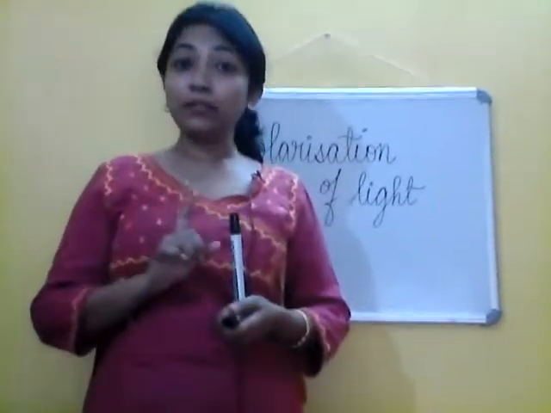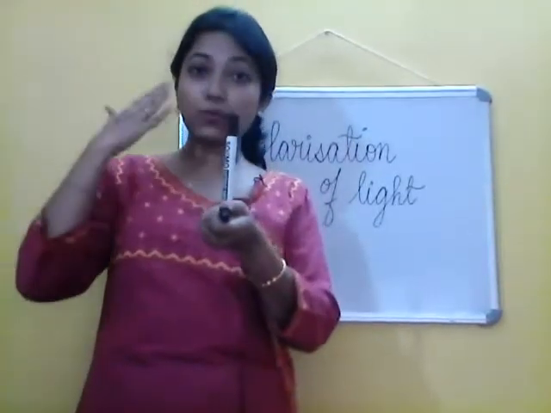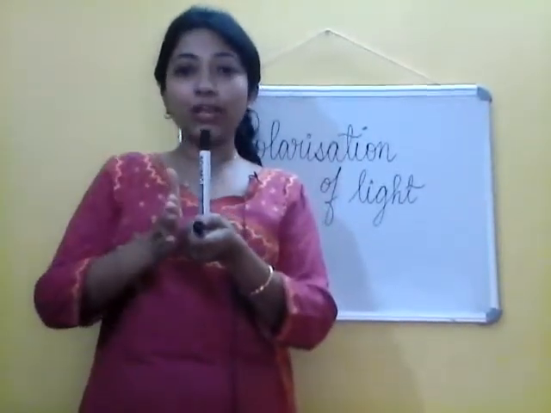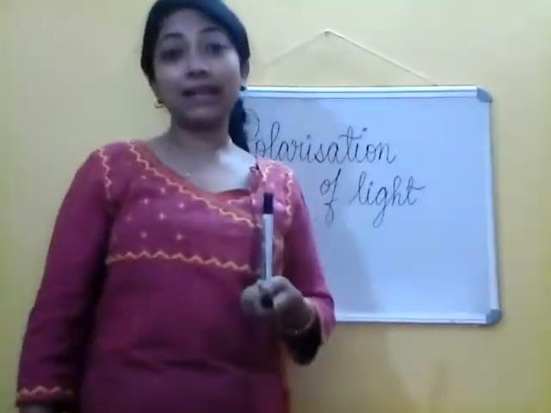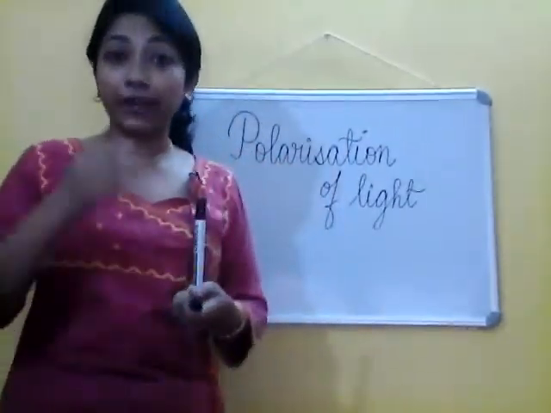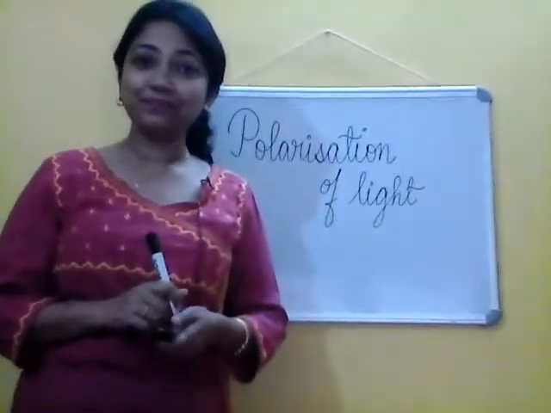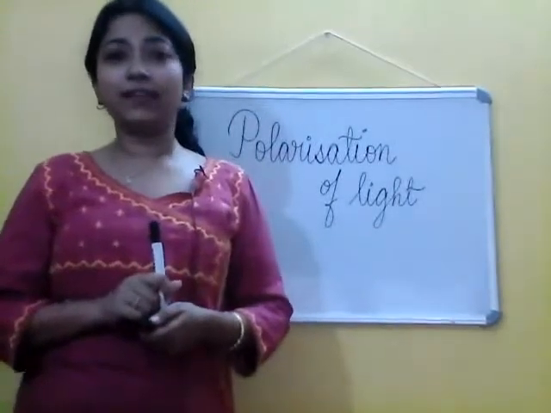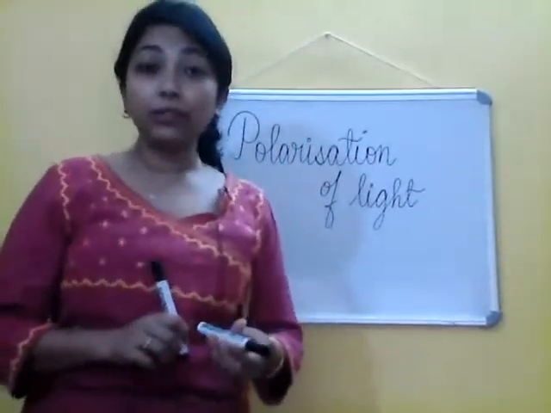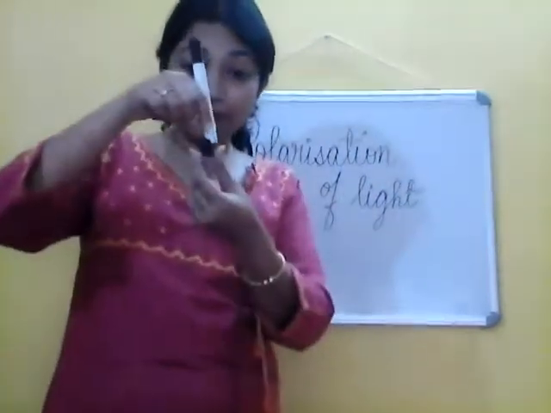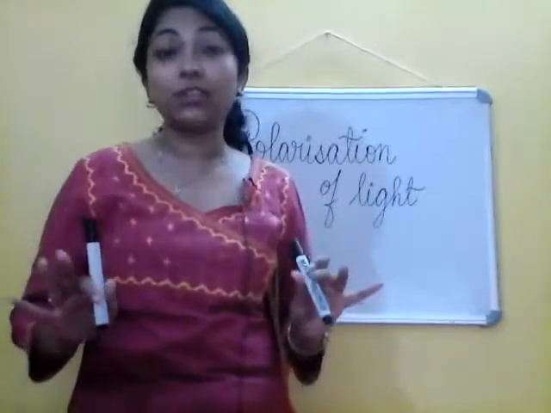That we are able to restrict the electric field of the light rays which are coming to our eyes only to one direction or one plane. Then this kind of phenomenon can be called polarization of light. Okay. However, over here I would also like to tell you that when we are able to restrict this electric field only to one plane, this is the best polarization which can be done.